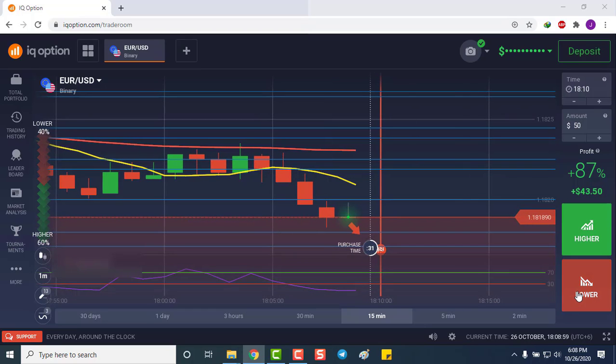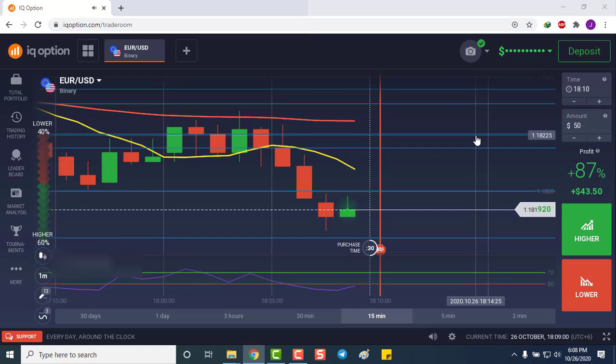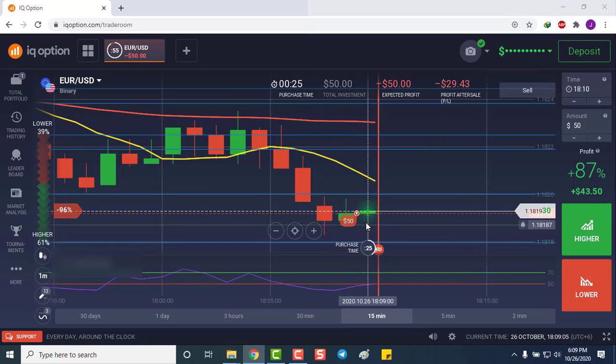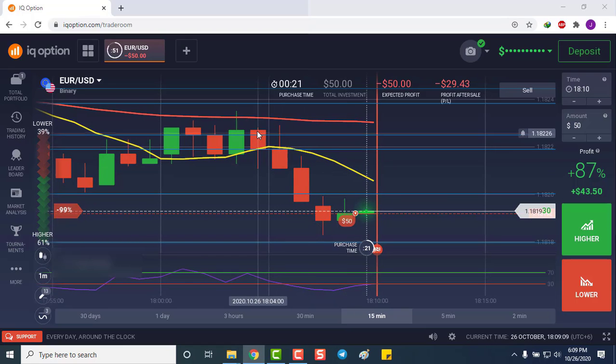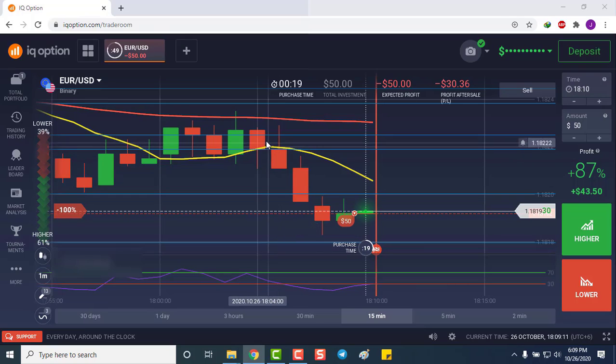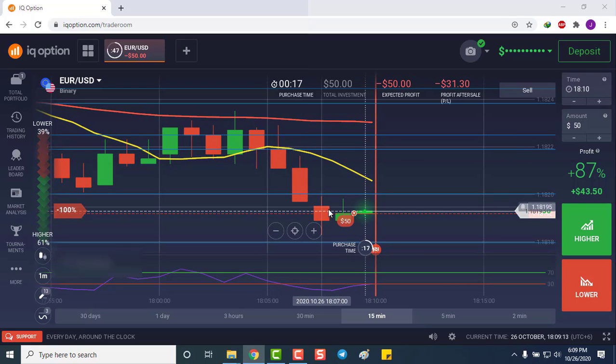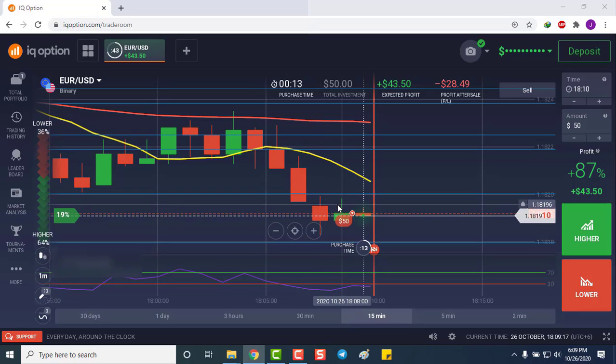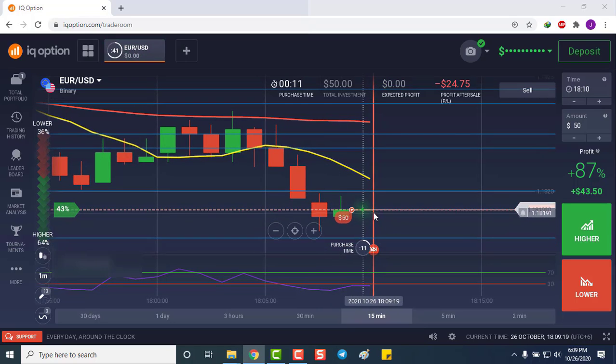Guys, I would like to go for a lower option here. It forms as an inverted hammer type candle, and most of the time if you see a downtrend, or if you see 3 to 4 red candles, and after 3 or 4 red candles an inverted hammer appears, then the market can go up.